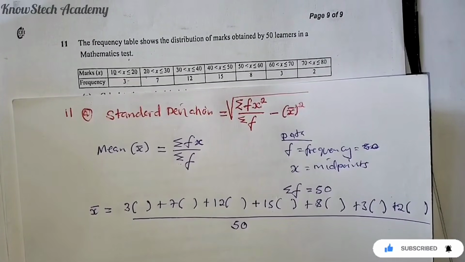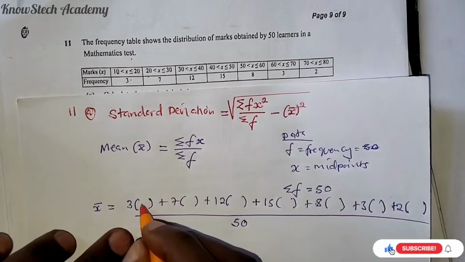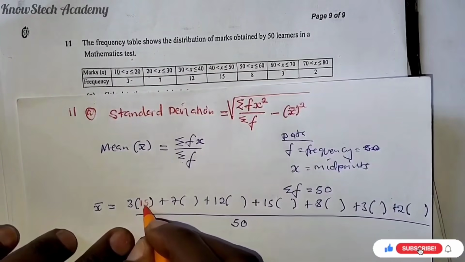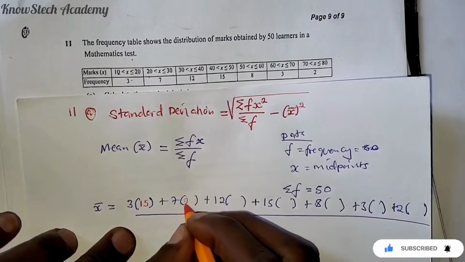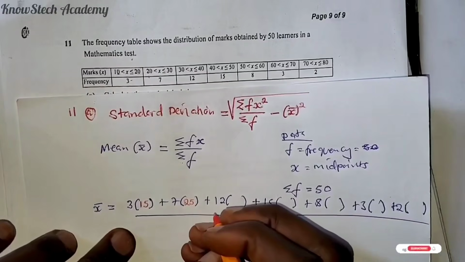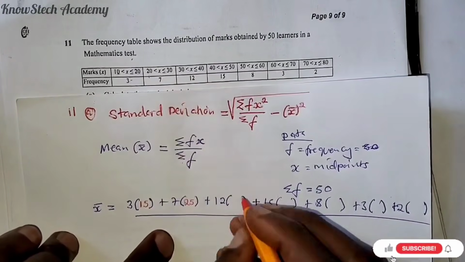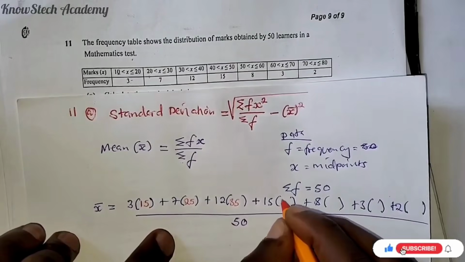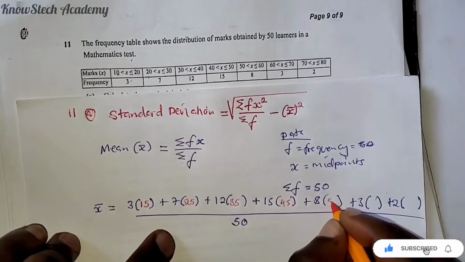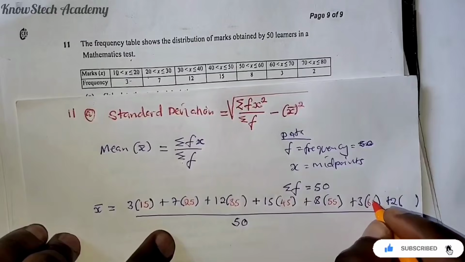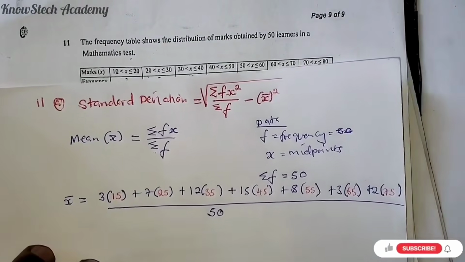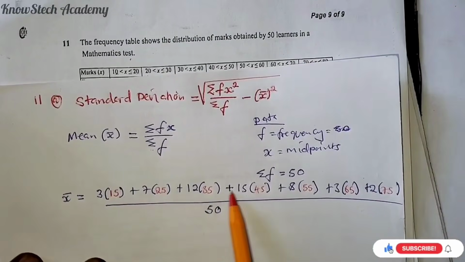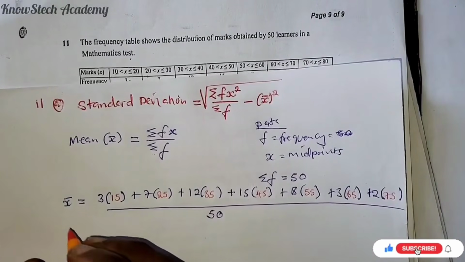Between 10 and 20 it is 15, then 25, 30 plus 5 is 35, then you have 45, 55, 65, 75. So you can punch everything in the calculator.